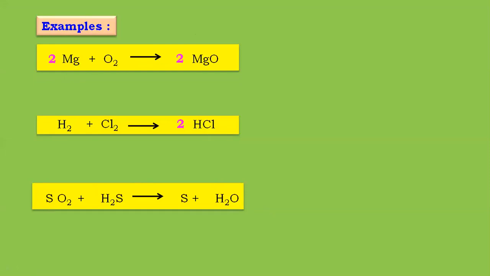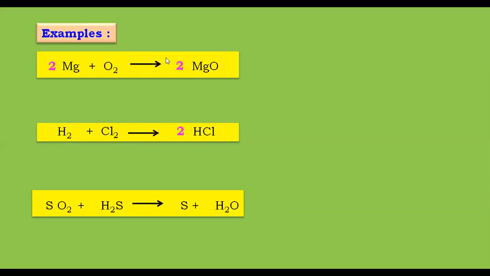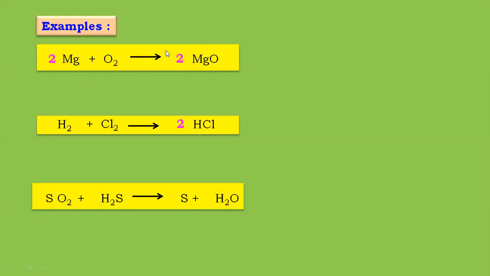If you're saying 1, then you're wrong, my dear students, because on the left hand side I have 1 S here, plus in between this S also I have. So in the reactants, I have 2 sulfur atoms. So in the product, I'm going to write 2S.